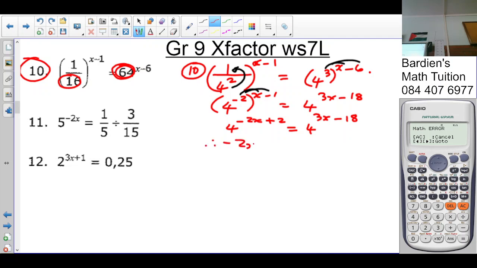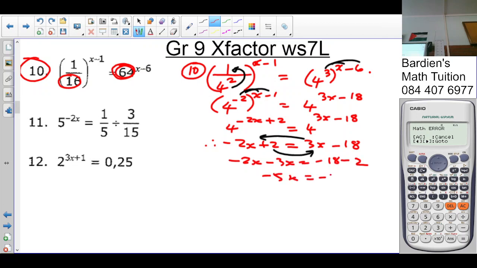Therefore, negative 2x plus 2 equals 3x minus 18. Now what? Isolate the x's. X is one side, numbers the other. So it's negative 2x minus 3x is equal to negative 18 minus 2, which is negative 5x equal to negative 20. X is 4.